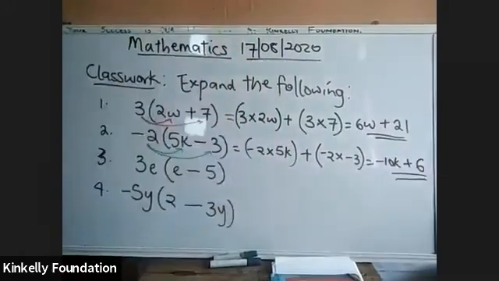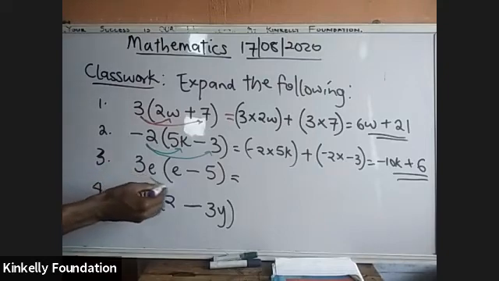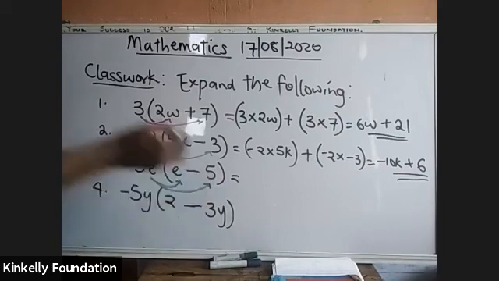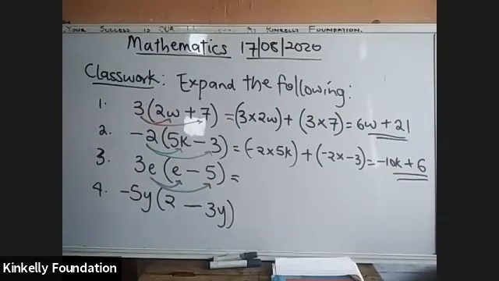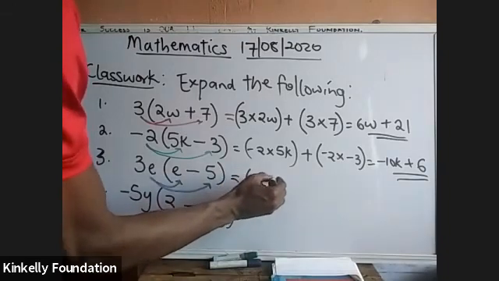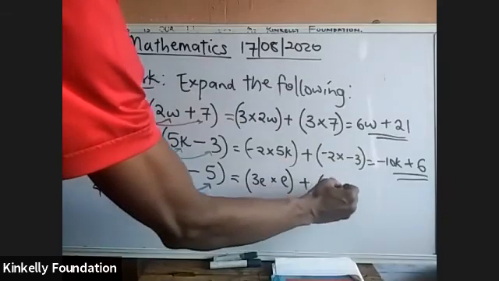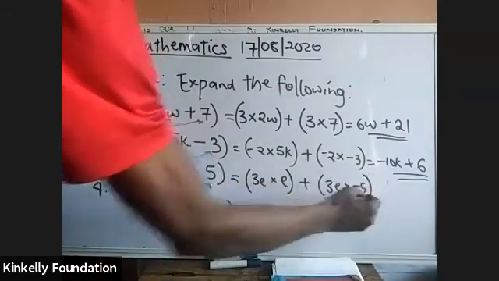In this squared one, we have that 3e we multiply inside, and 3e we also multiply minus 5. So this gives us 3e times e plus 3e times minus 5.